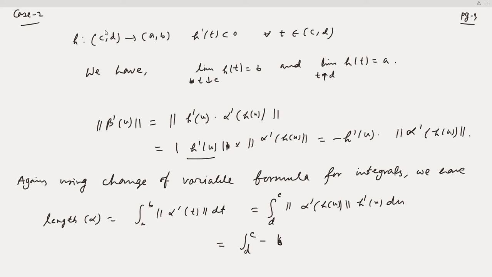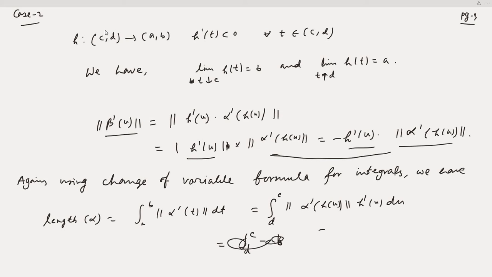So from this equation, minus h prime of u times alpha prime of h of u, norm of alpha prime of h of u, is equal to beta prime of u.